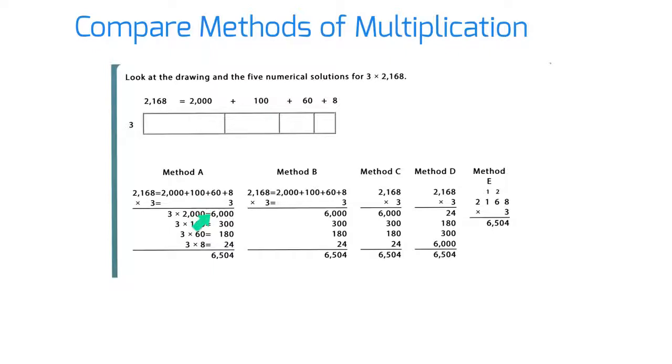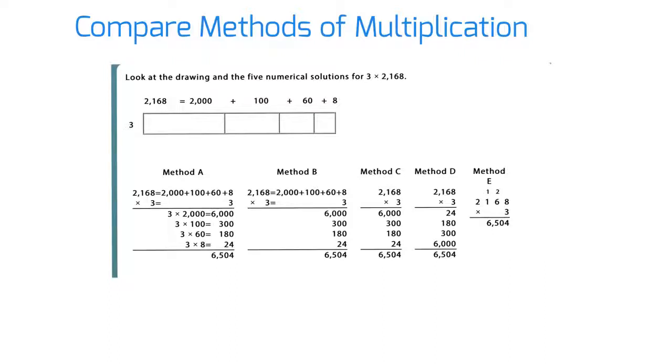In this case, method A is 6,000 plus 300 plus 180 plus 24. Method B still has our 6,000, 300, 180, and 24. And method C has those same partial products, along with D, which has reversed the order, but they're still there: 6,000, 300, 180, and 24.